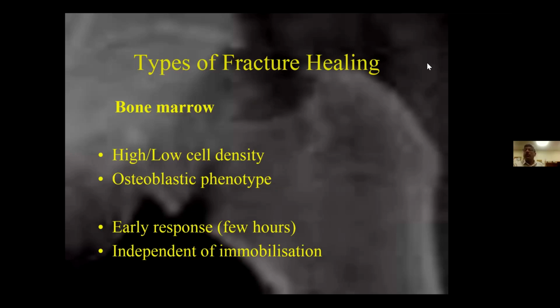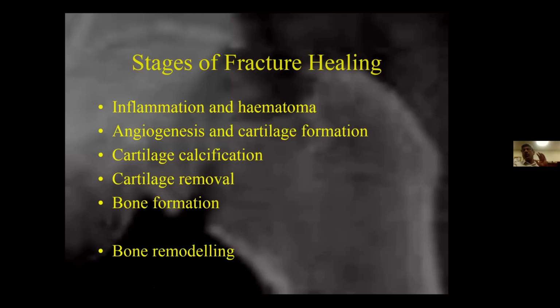But it's a nice way of knowing in your mind that all the parts of the bone contribute to healing, but the ones which we commonly talk about would be the cortex and the periosteum and the soft tissues. So moving on, fracture healing. Now, many textbooks will have different stages, will have different words. And I'm telling you again, just remember whatever your mind can remember to 4 or 5 stages.